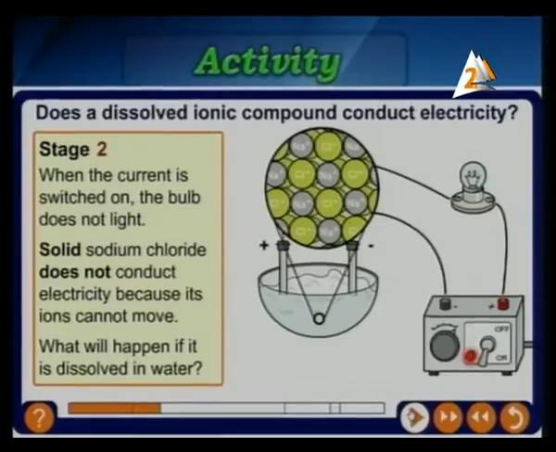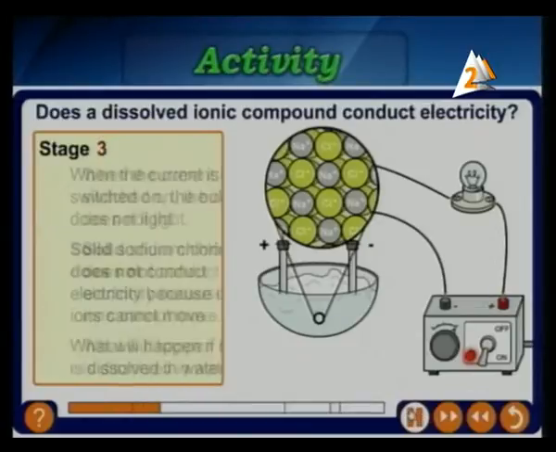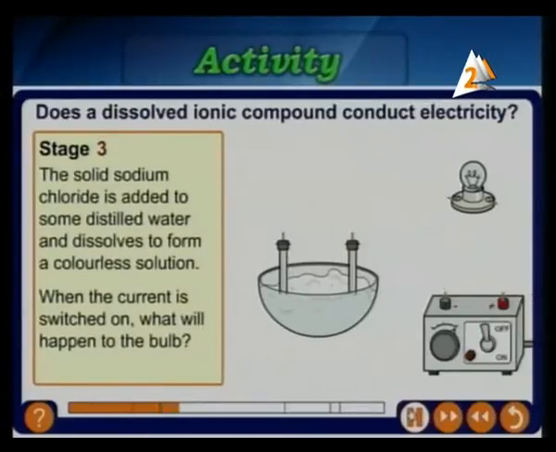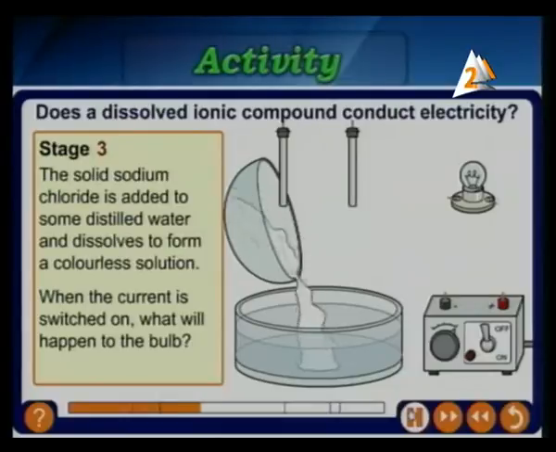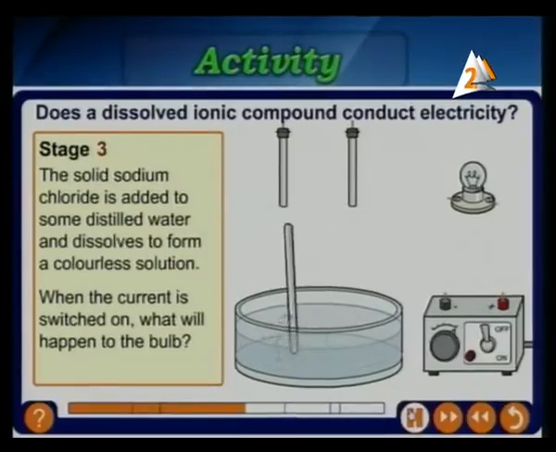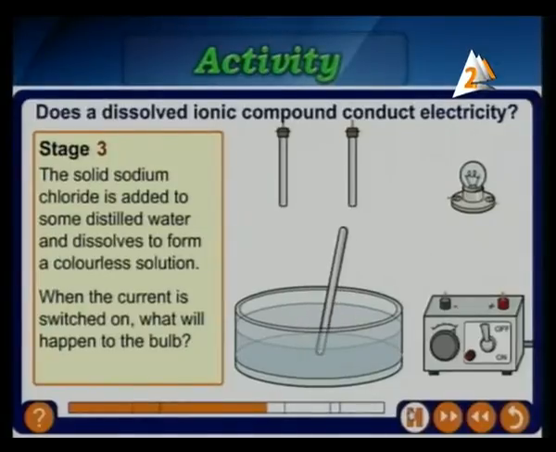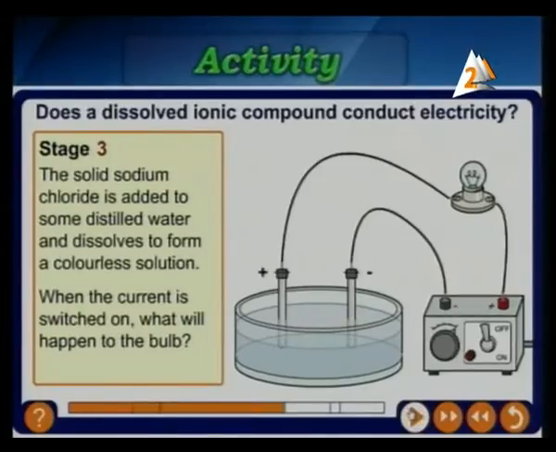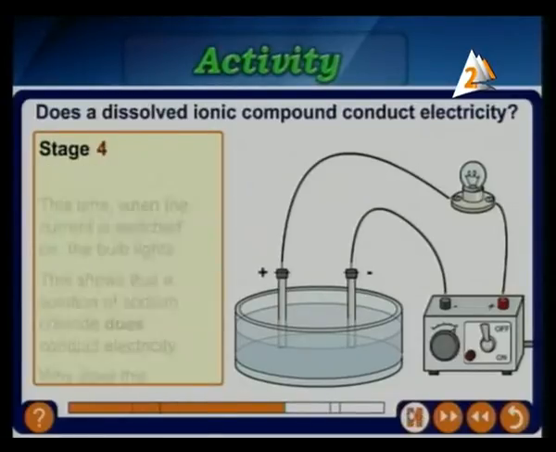What happens if you dissolve it in water? You have the aqueous solution. The solid sodium chloride is added to some distilled water and dissolves to form a colorless solution. When the current is switched on, what will happen to the bulb? The bulb will light up.